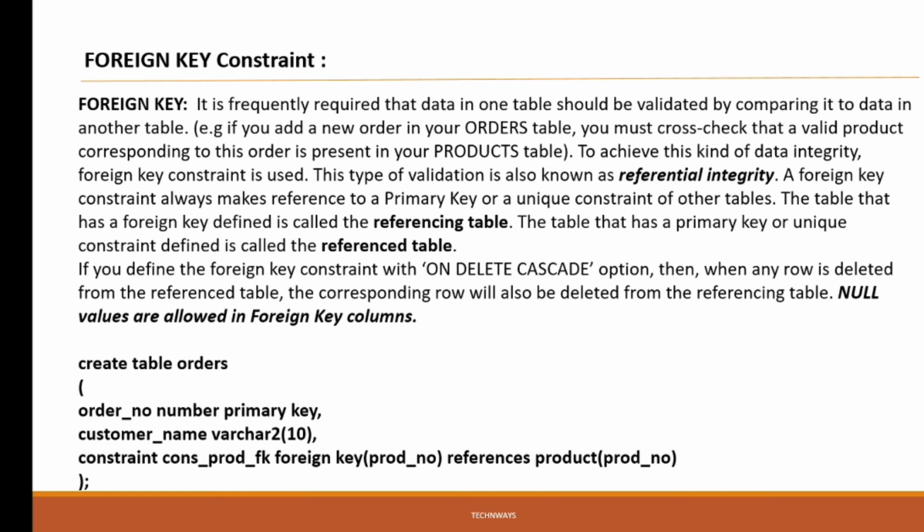Key creation works the same way: you put the name of the key, the column you want to create it on, and the reference table. Here you can see the customer gender column in the main table referencing a lookup table that contains the gender details, so both are compared.